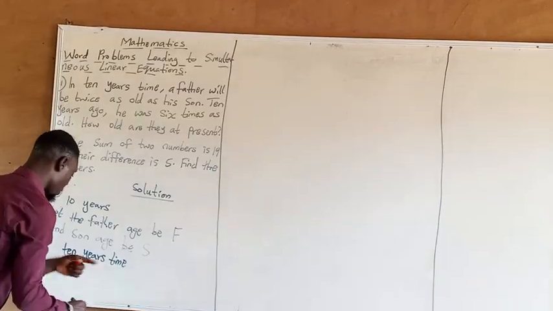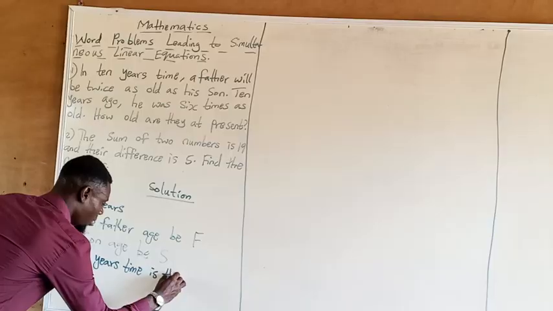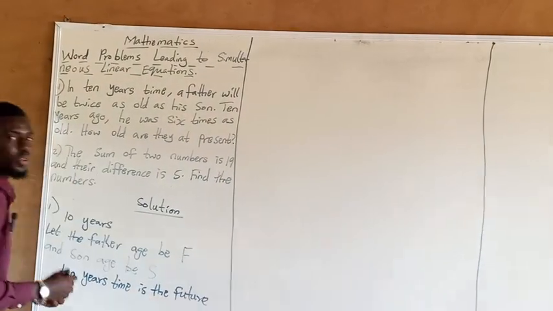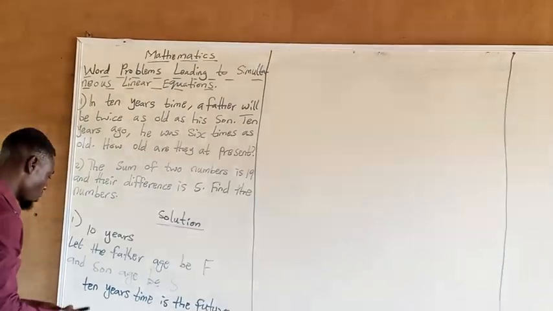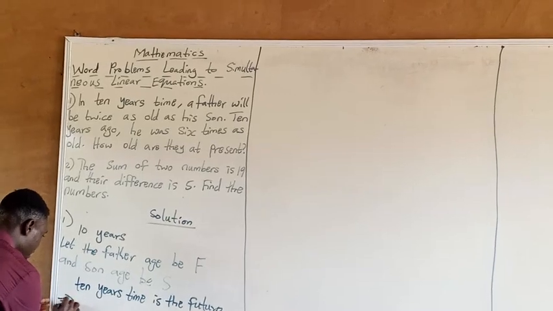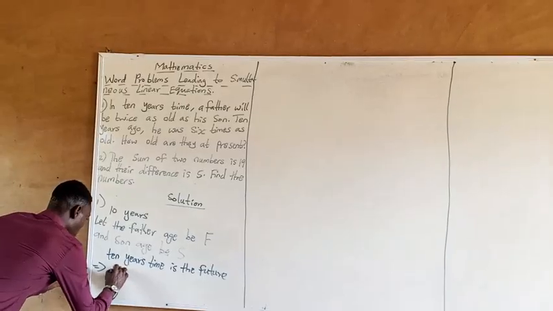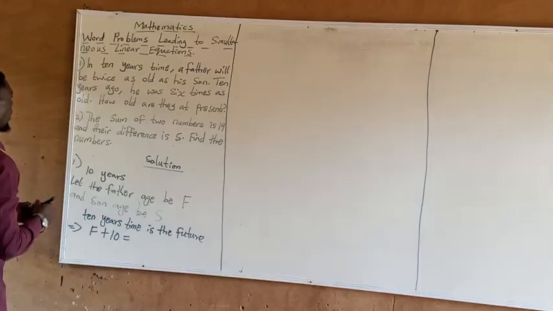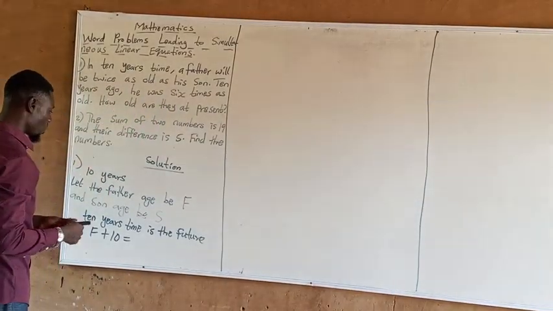It's talking about the future. 10 years' time is the future. And anytime we are talking about the future, we are plusing. So, this implies that in 10 years' time, which is the future, the father will be F plus 10, is equal to, a father will be twice as old as his son.